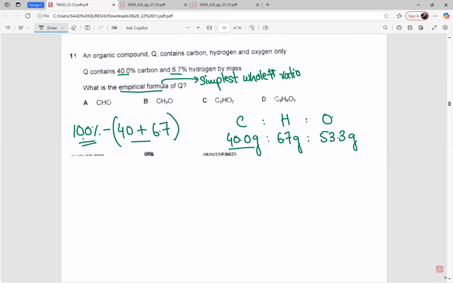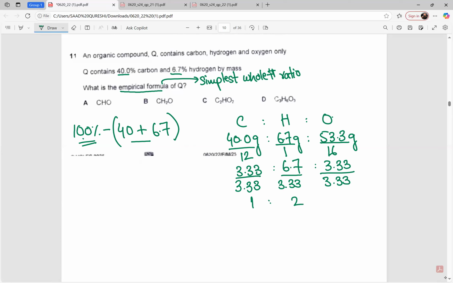We will divide all of them by their atomic masses, 12, 1, and 16. For carbon, it's 3.33. Hydrogen, 6.7. For oxygen also, it's 3.33. Now to find the simplest whole number ratio, we'll divide all of them by the least number, which is 3.33 here. And we get 1:2:1. So the answer is B, CH2O.